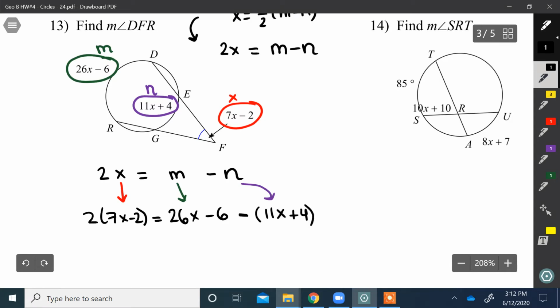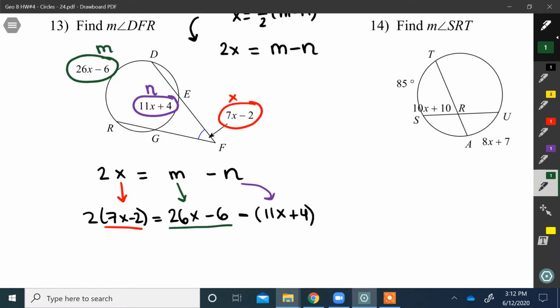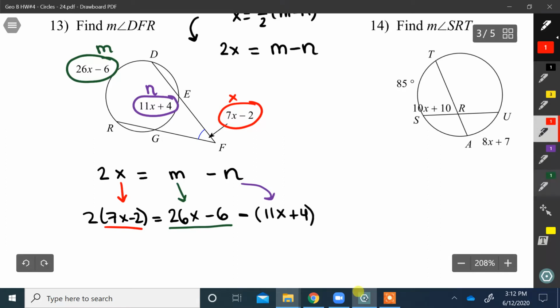Why? Because you're subtracting the whole thing. So you do have to put parentheses for that n. If you don't put those parentheses, you are going to get the problem wrong. So again, this right here is the x with parentheses. The m, we don't put parentheses on this one because we don't need it on that, but we definitely do need the parentheses for this right here.